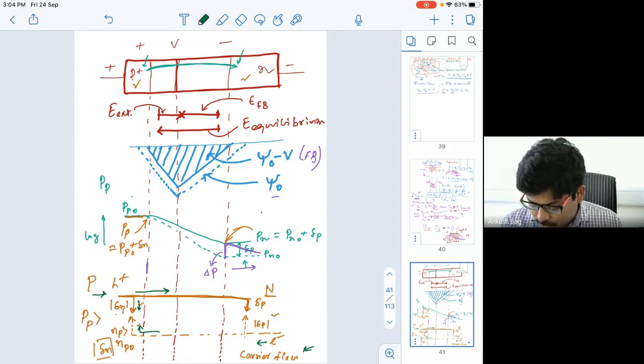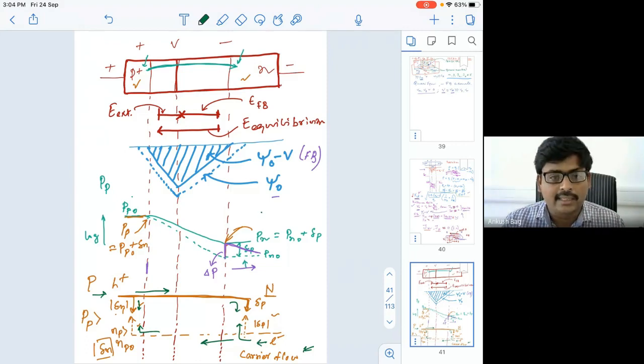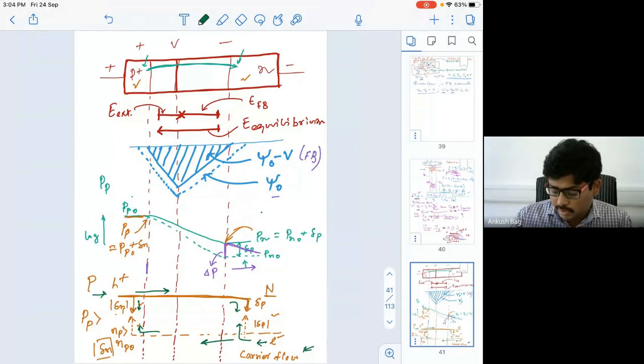Similarly, in case of electrons also, one part will go to recombine with the holes which are injected from the p side, and the other part will be injected towards your p side. So this is the carrier flow diagram, and we should just keep it in mind, because to understand your current, essentially your current is coming from this carrier distribution.